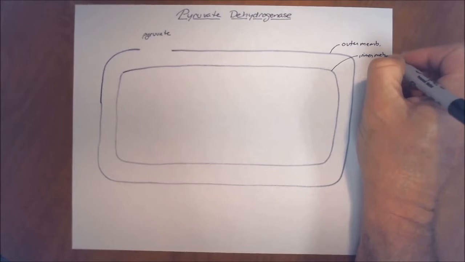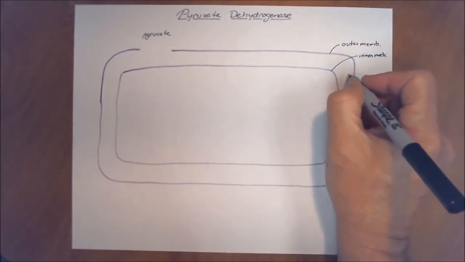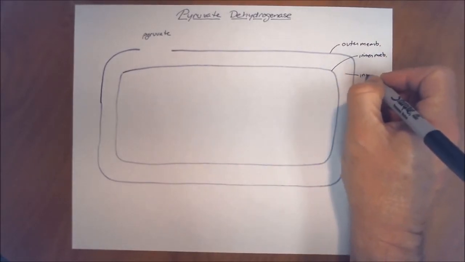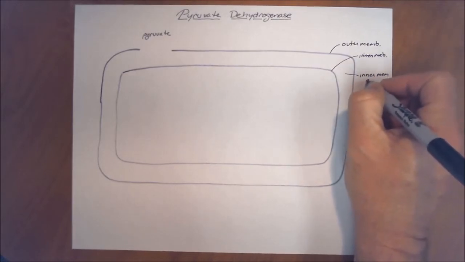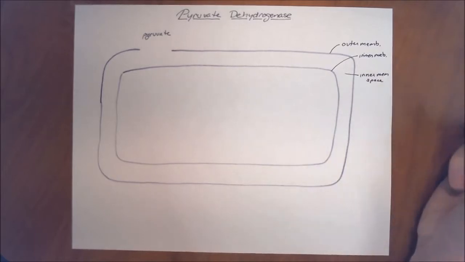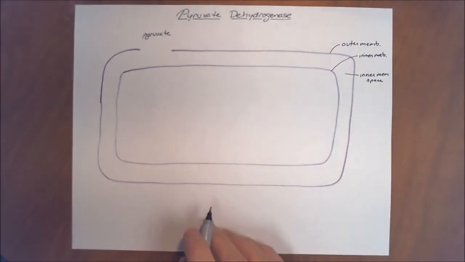And each membrane has a very different property. This is the inner or intermembrane space. Each membrane has a different property because of the regulated transport that is necessary for the inner mitochondrial membrane.